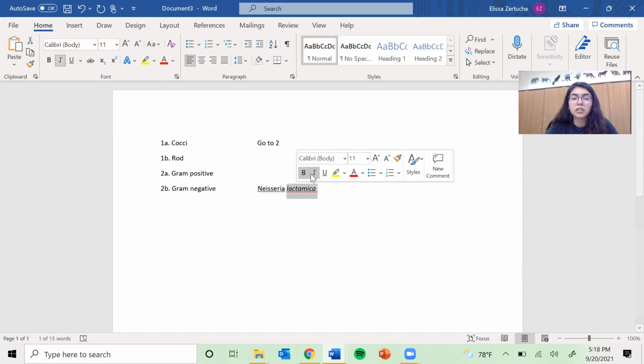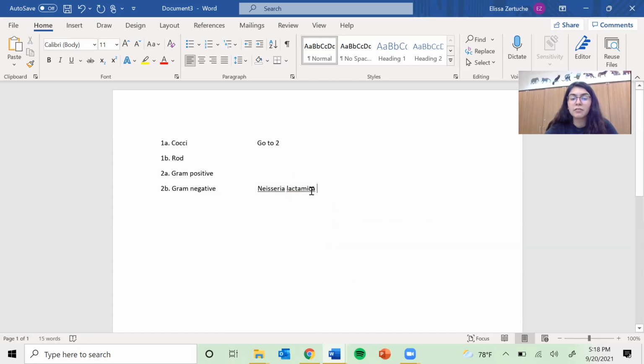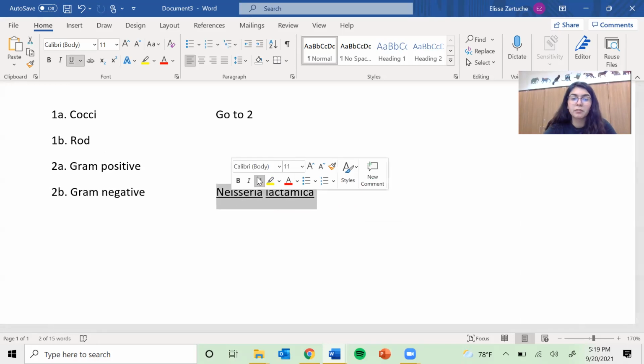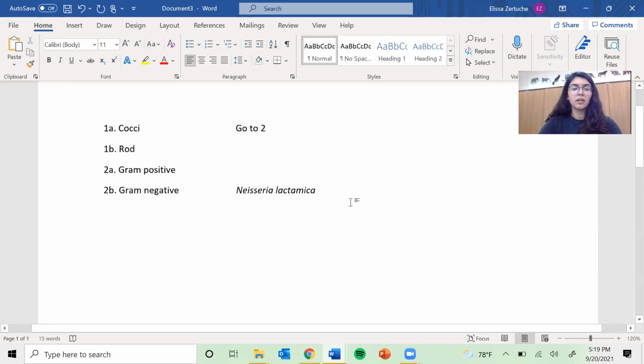This is how it's going to look when you write it. So it's not one big underline. You have two separate. But because I'm using italics, I can use that format.